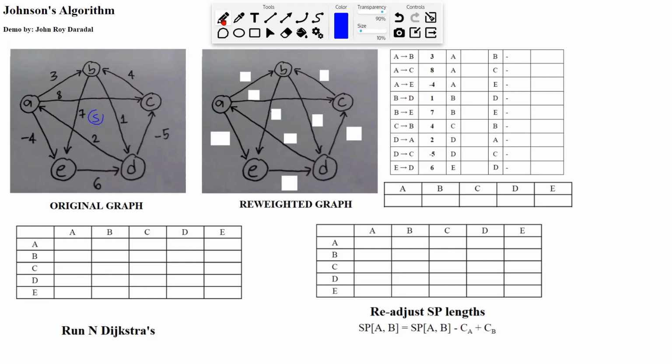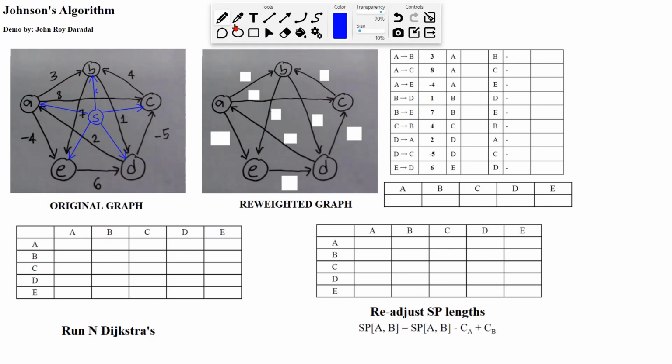And then we will connect this vertex S to the rest of the nodes. So we'll connect S to A, S to B, S to C, S to D, and S to E. And those will all have 0 edge weights.